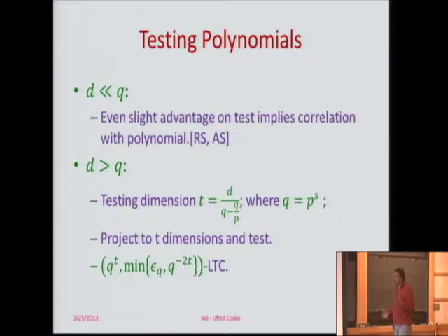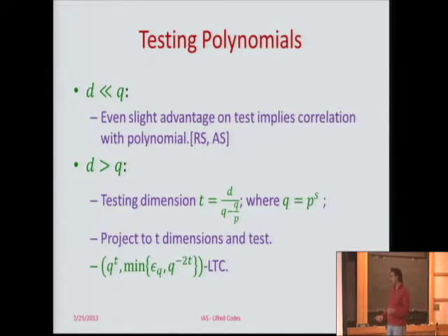The converse is the big challenge, and in this one simple thing I've compressed two streams of work. What we know is that this test is a good test and it can be analyzed. It's clear that such a test would make q to the t queries, because you take a t dimensional subspace and look at the function over there.